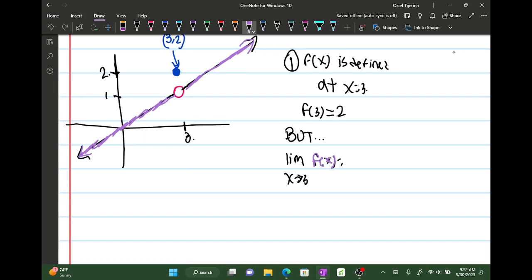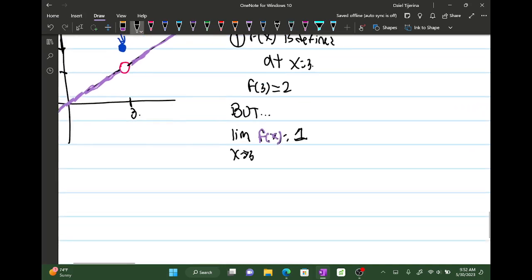To find my limit, I'm going to draw my line, and you see from the left and right that I'm approaching 1. So the limit as x approaches 3 of f of x is equal to 1.